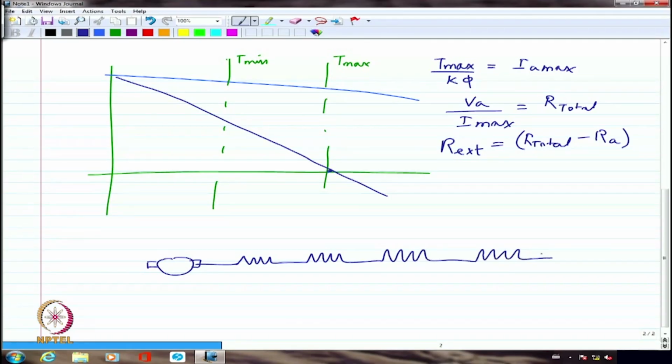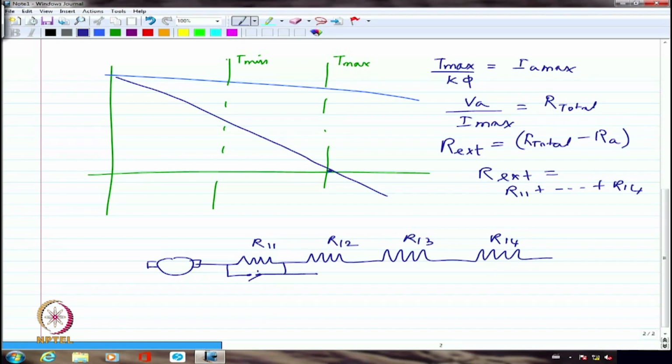Rather than including it in one step, let us say this is R11, R12, R13, R14. So R external is equal to R11 until R14. This is what I'm going to include. And across each of these, I may have a switch which I would close as soon as I reach the T minimum value, because I don't want to go beneath the T minimum value.